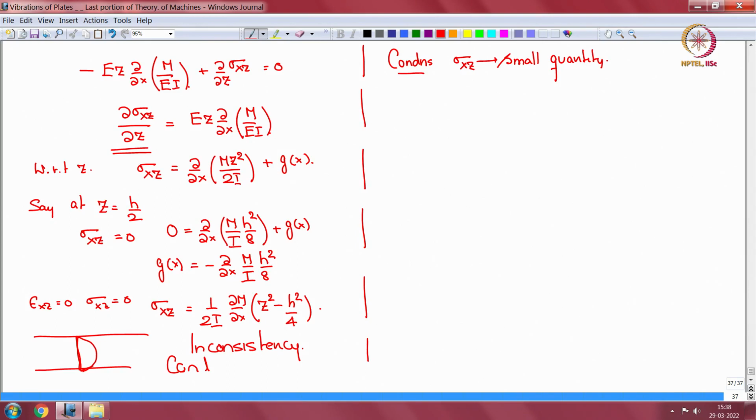Now let us just take a simple example, a static example. I am taking this example from the book by Shames and Dym, I think it's called Energy Methods and Finite Element Techniques, something like that.